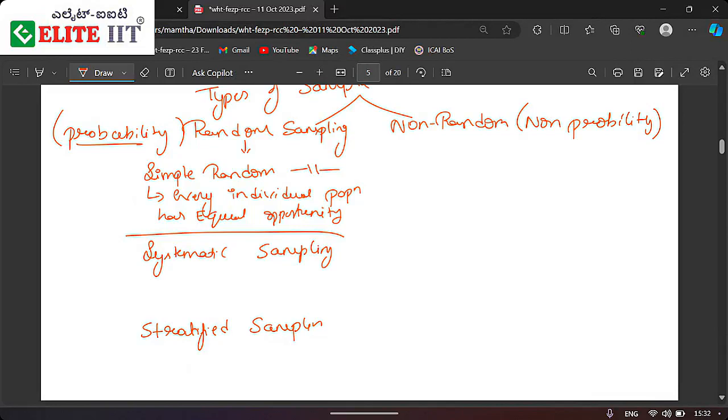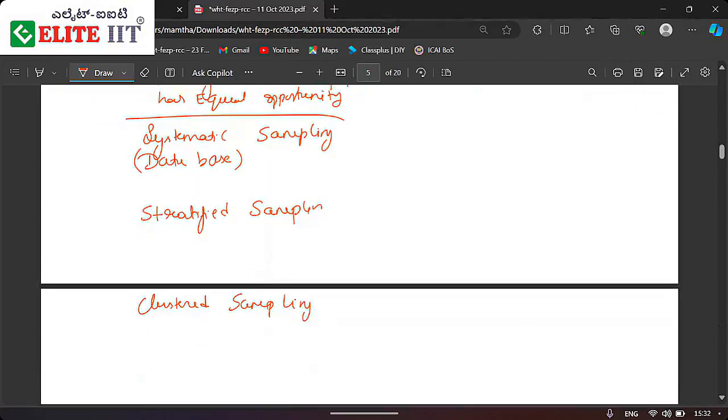You are only randomly selecting, but you make use of some particular techniques of the database. You cover it in the database, and by covering it in the database, you select the individuals. That's it. Is it clear? Understood, right?